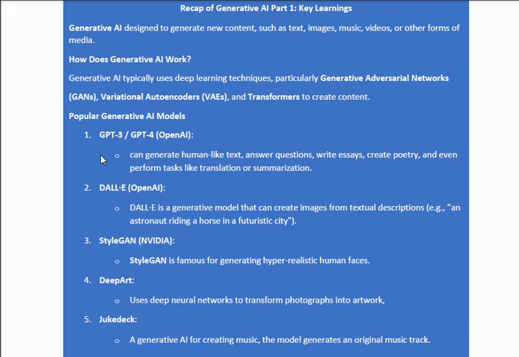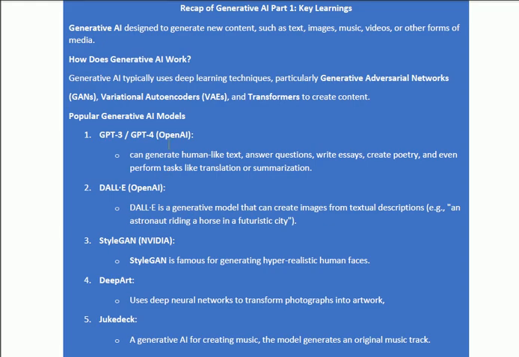The second thing that we covered in part 1 is the way generative AI works. Generative AI uses deep learning techniques for this. These three techniques are generative adversarial networks, GANs, and the other is VAE, and the third one is transformers. These are the techniques that we normally use in generative AI. After that, in part 1, we discussed the popular models of generative AI. Models means the different models that we use to create different applications.